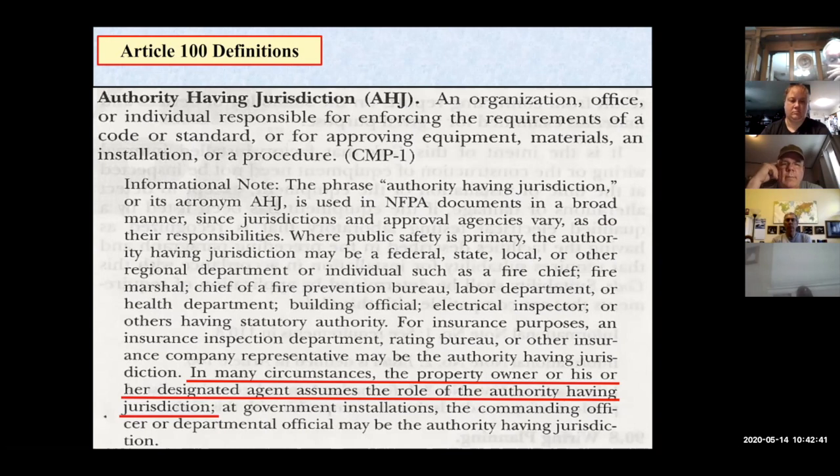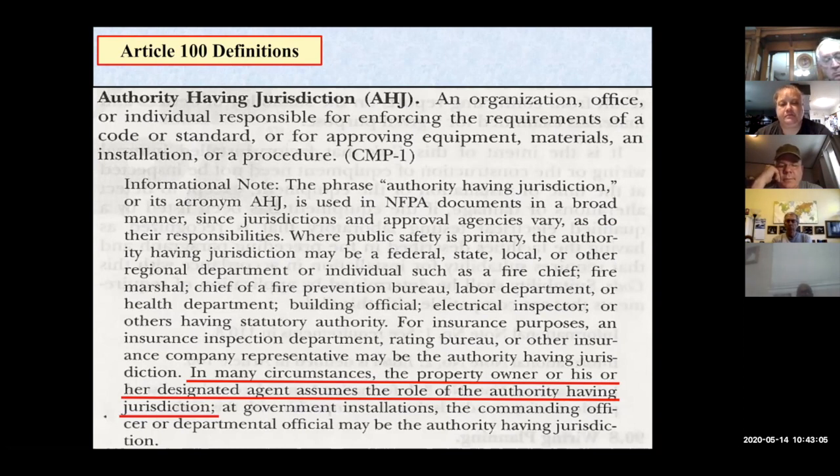And in these subdivisions, many times the builders say, well, I'm the builder and I'm the authority having jurisdiction and you will do it my way. Well, that's not necessarily so. If you own that house and you designate somebody that knows what they're doing, you can become the authority having jurisdiction. So a lot of argument can go on right there.